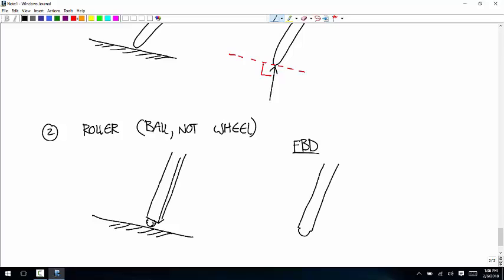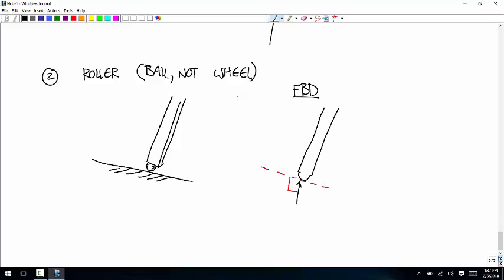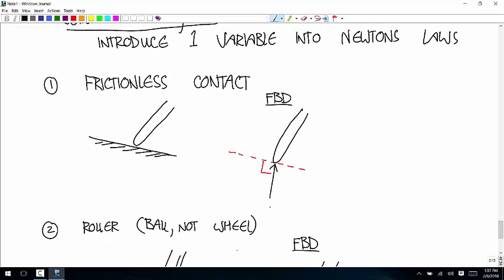So free body diagram, there's the outline, there's the surface, and the force vector is perpendicular to the surface. Notice that for both of these, I didn't label this force, but let me call both of these N. It's like a normal force.